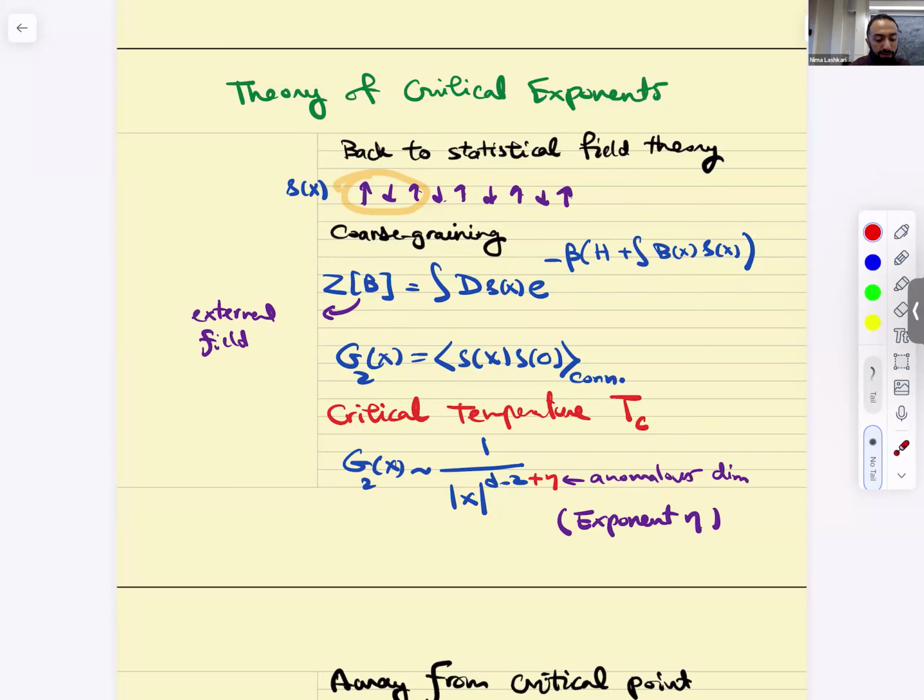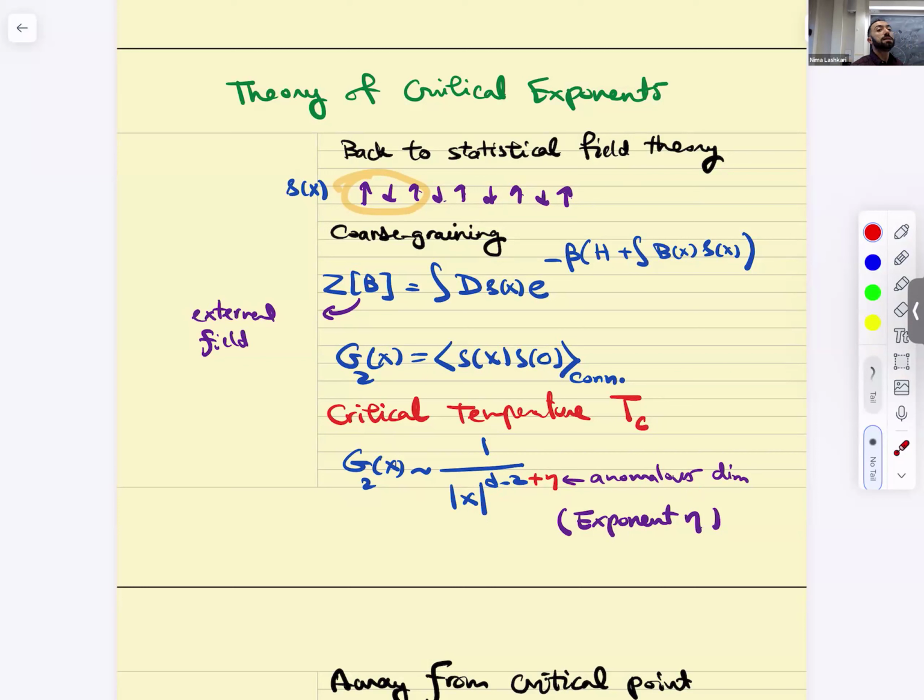They saw that, for example, the connected two-point function goes like 1 over x to the power of d minus 2 plus a number. This is called the anomalous dimension. If the theory was free, this would be 0. But people were observing critical behavior with non-zero anomalous dimensions.